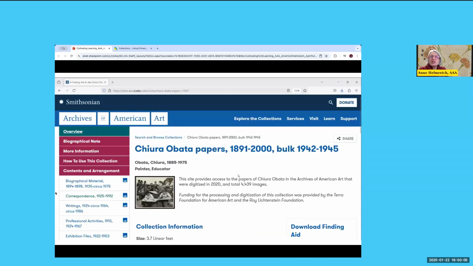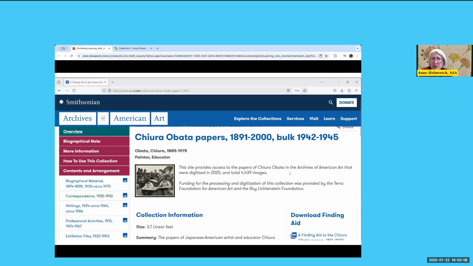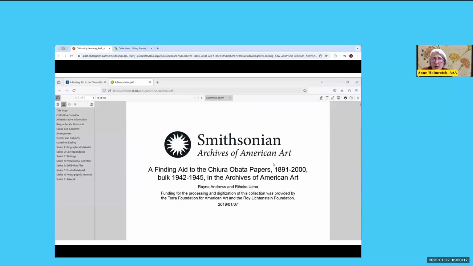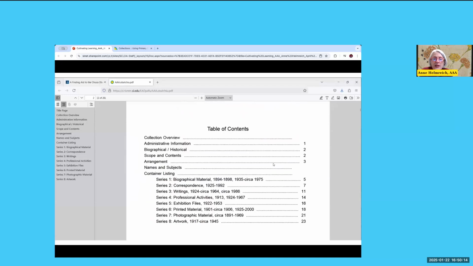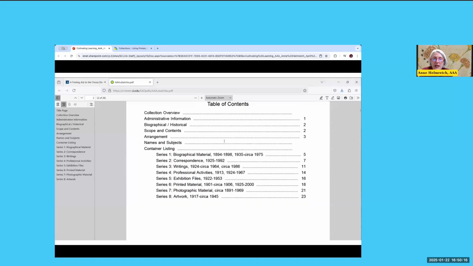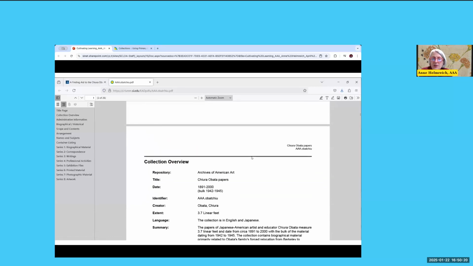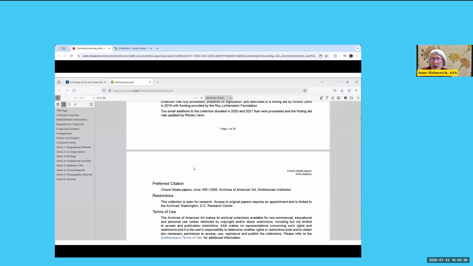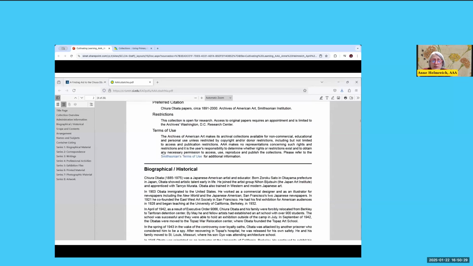So I'm showing you here how to find materials on our website. So these are the papers for the artist that I was showing you. You can land on a web page, and then there's something called a finding aid that lists all the materials we have. So it's like a PDF, but if you want to find different kinds of materials, you read through the finding aid.